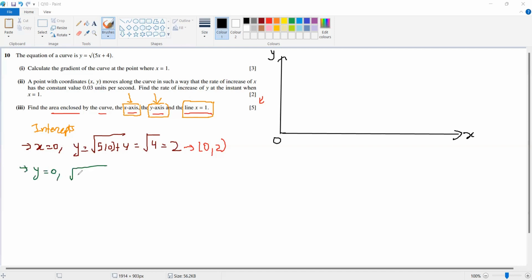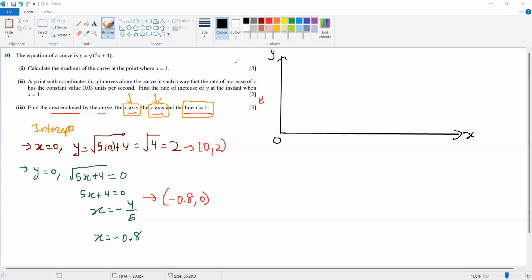Sometimes it's not necessary, but we want to demonstrate it to increase understanding. So 5x plus 4 is 0, x is negative 4/5, which is negative 0.8. From which we get the coordinate (-0.8, 0).